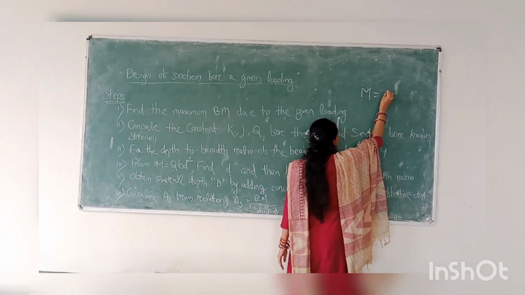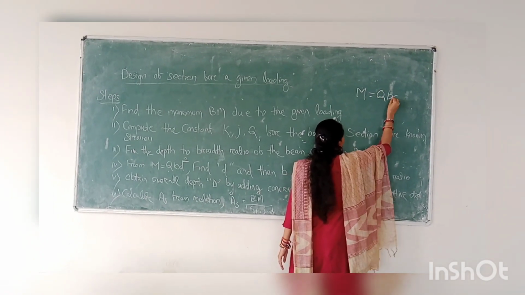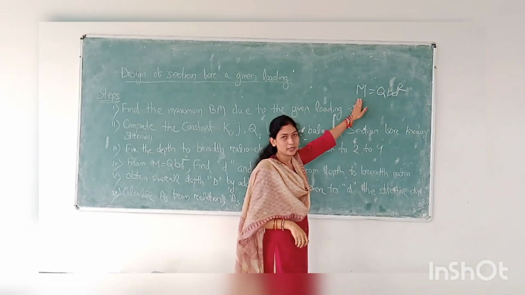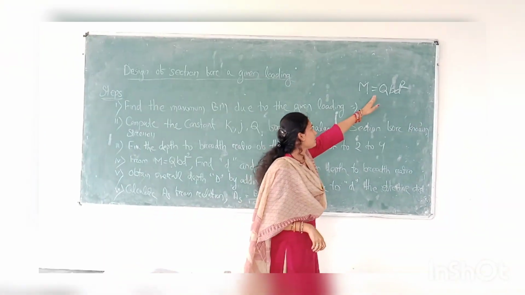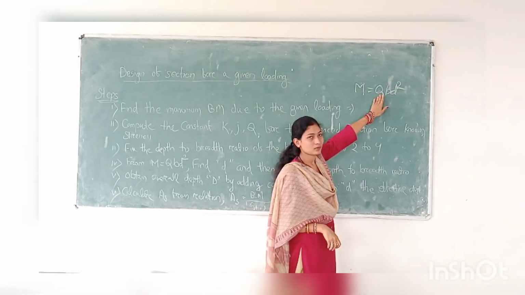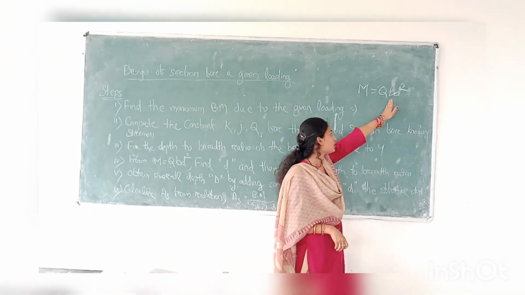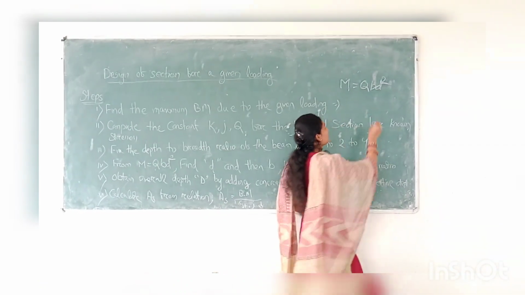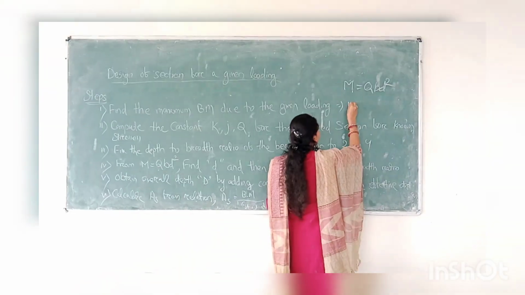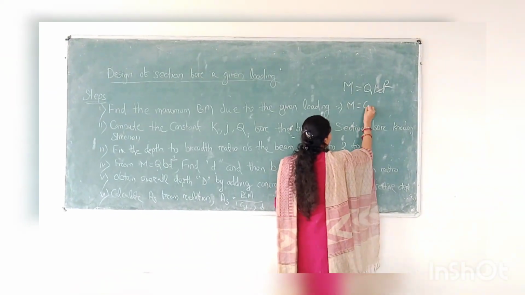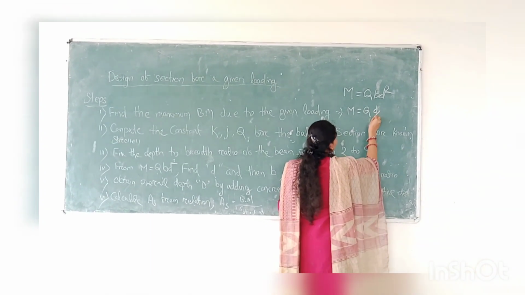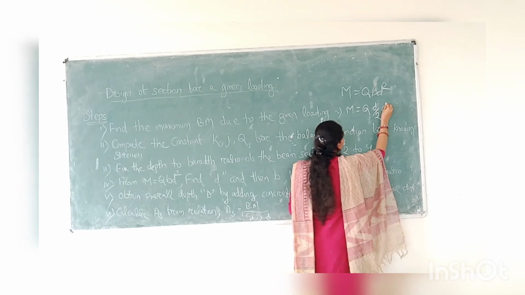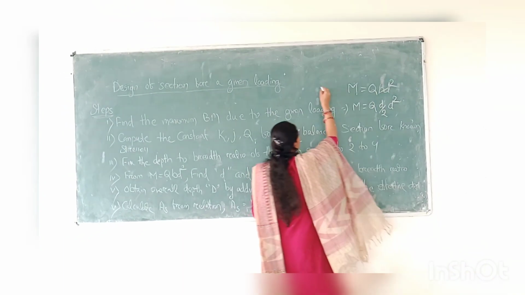So from this formula, M equals Q B D square. If we know the bending moment and the value of the moment of resistance constant Q, then in terms of D, M equals Q into D by 2 into D square.